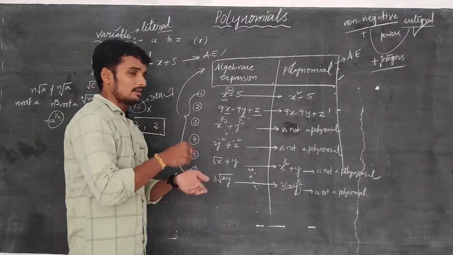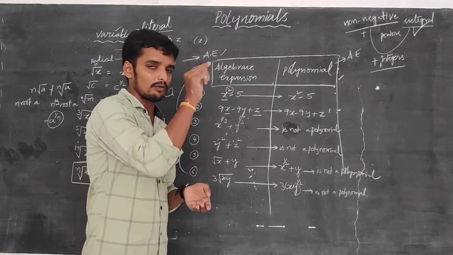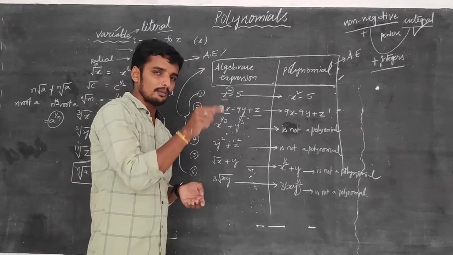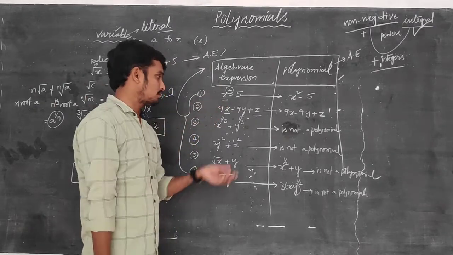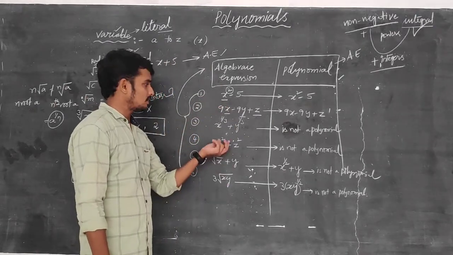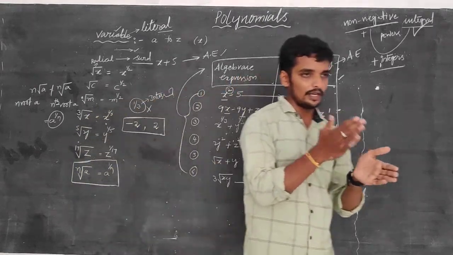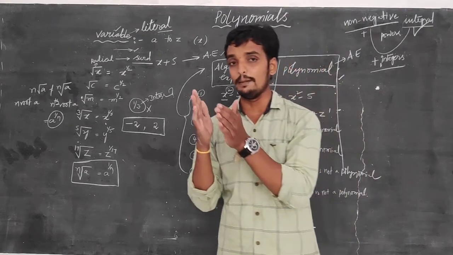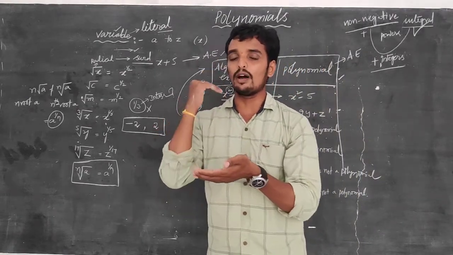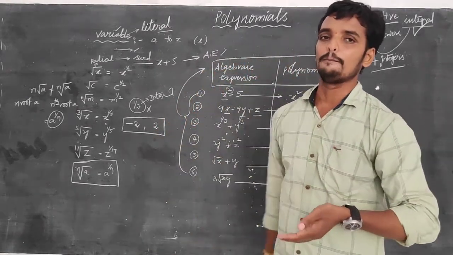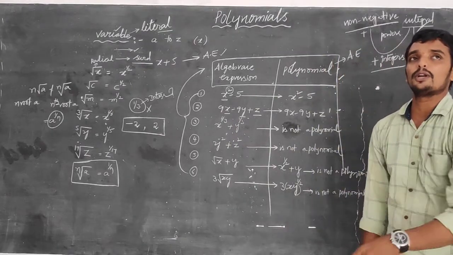After that, write some points in the examples. Point number 1, write which are polynomials. Point number 2, write which are not polynomials. These are the polynomials; these are not polynomials, like x to the power of 1 by 3. Whether an algebraic expression is a polynomial or not depends upon the exponent of a variable.